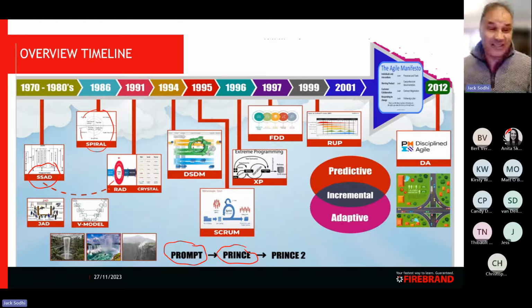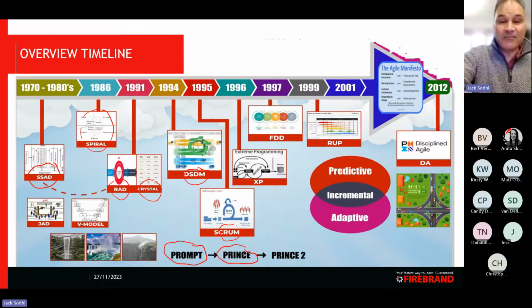And then RAD was Rapid Application Development, and Crystal methods, which we'll have a look at in a few minutes. And then you've got JAD, which is Joint Application Development, so getting people together. V model was more of a waterfall. And then we'll look at DSDM, Scrum, and then XP was one of the methods derived from those, and then FDD, Feature-Driven Development, and RUP, and we're seeing the predictive, incremental, and adaptive.